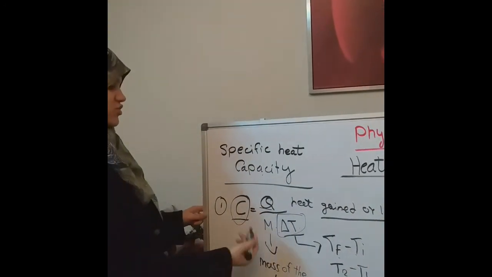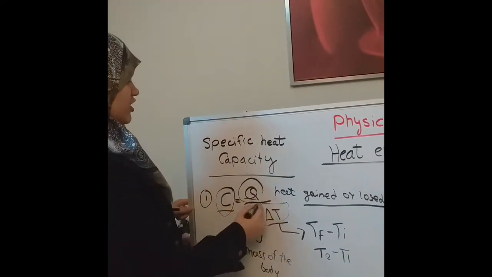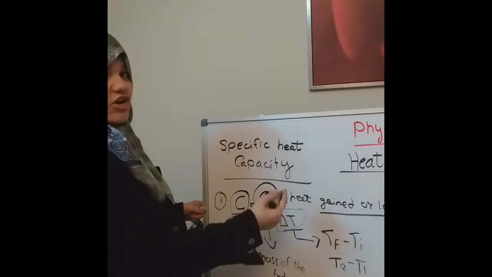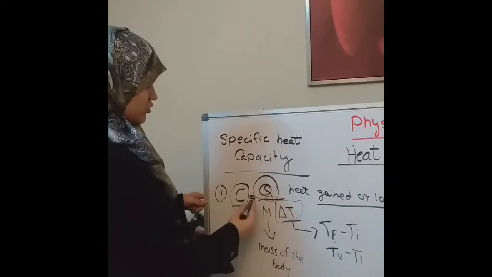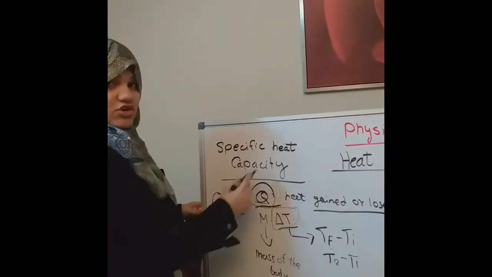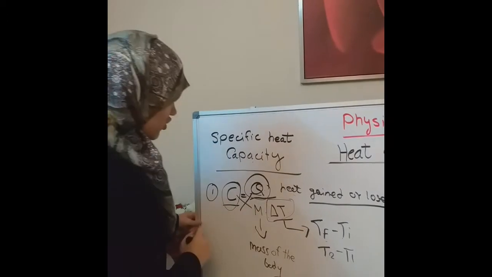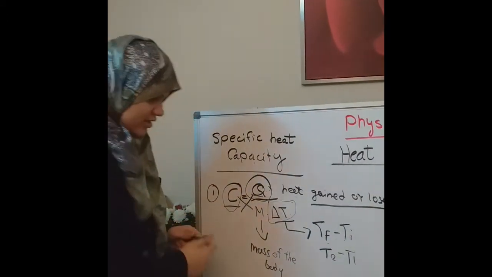What if we want to know the formula for Q, which is the heat that can be gained or lost? We will use the crisscross method.